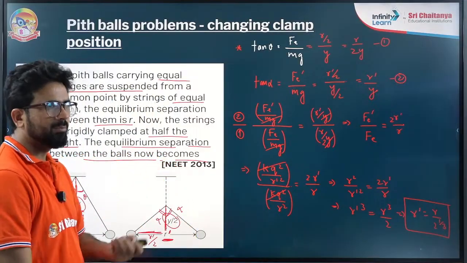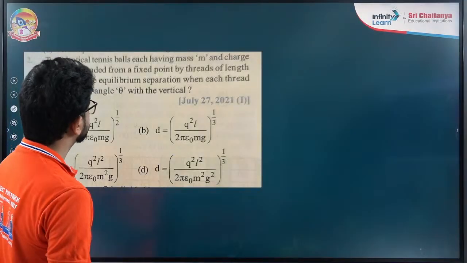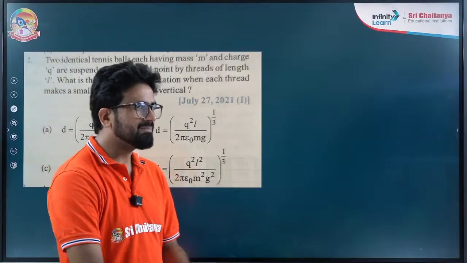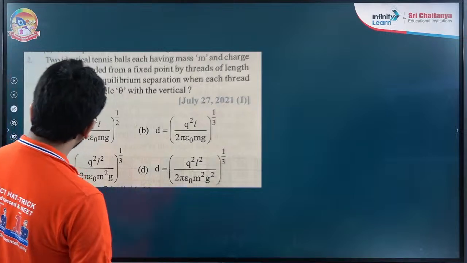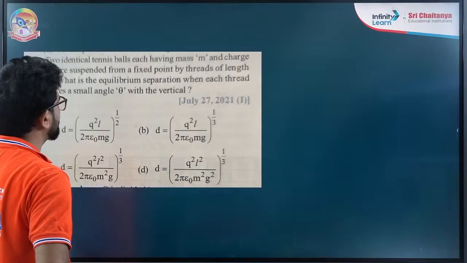Now we can move to the next problem. It is actually a JEE question, but it is very similar to what we have learned till now. You are given two identical tennis balls, you can take them as pith balls.